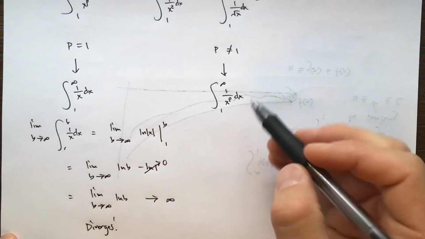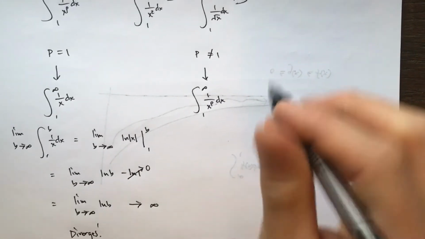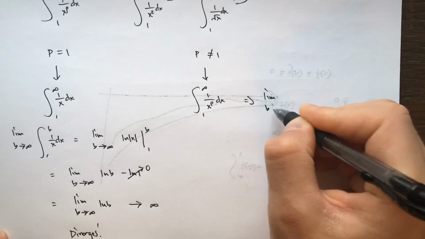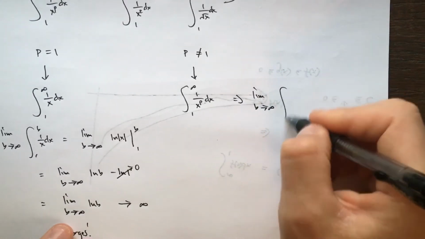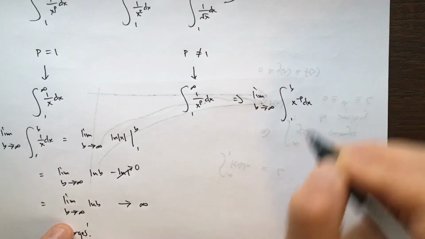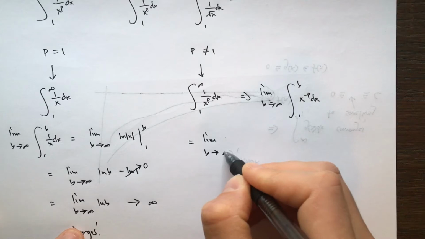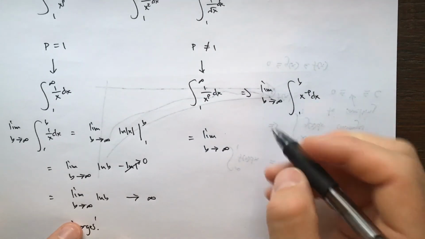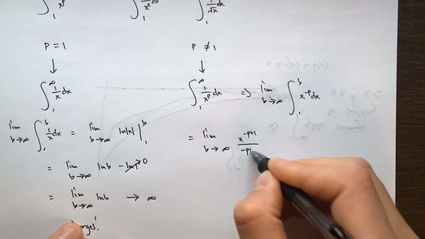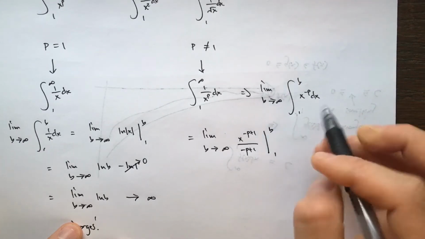Now let's see what happens with 1 over x to the p where p does not equal 1. So then this would be the limit as b approaches infinity of the integral from 1 to b of x to the negative p dx, which is equal to the limit as b approaches infinity of x to the negative p plus 1 divided by negative p plus 1, evaluated between 1 and b, right?